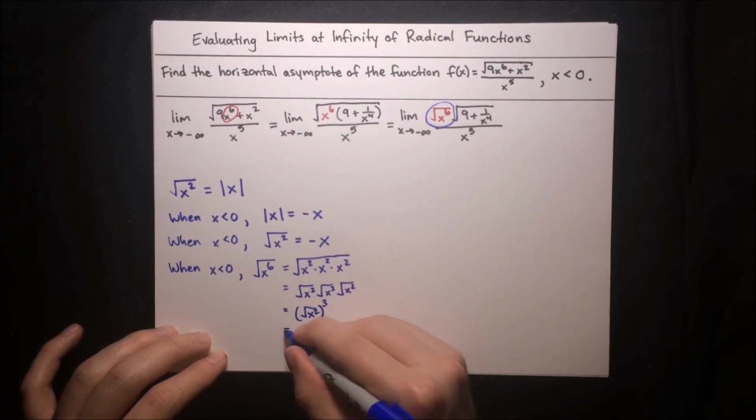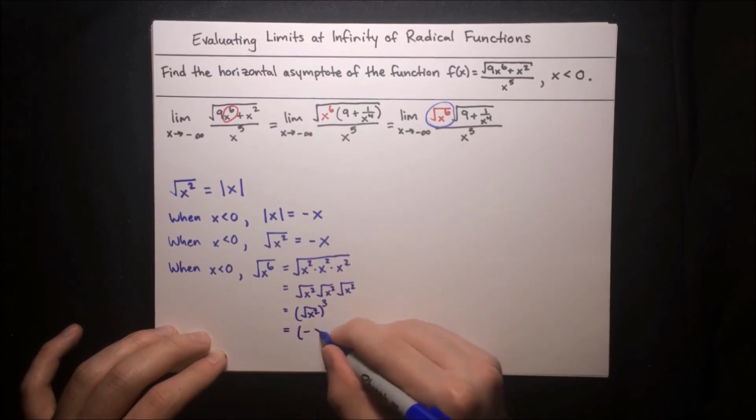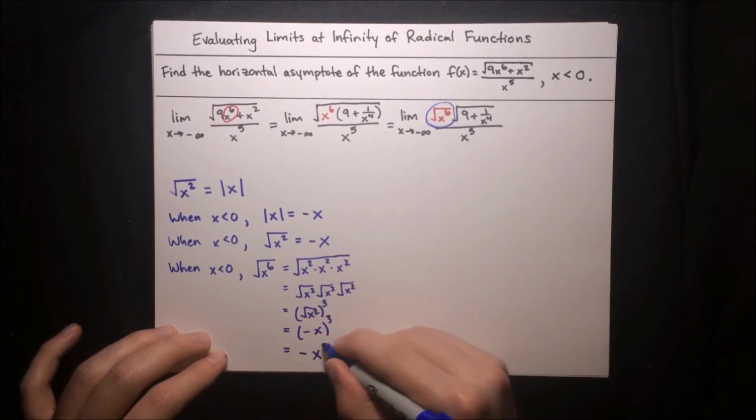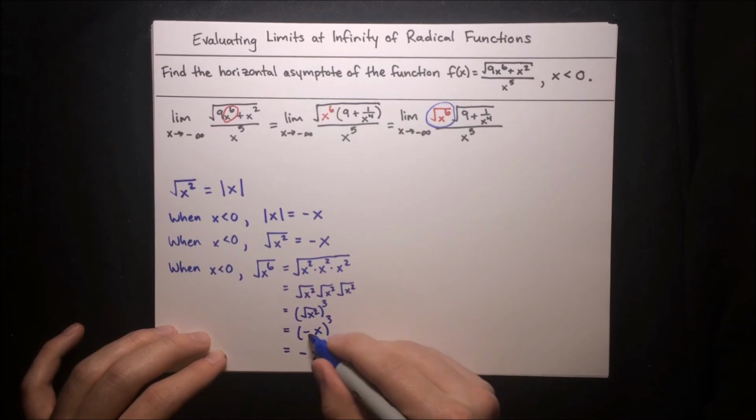The square root of x squared is just equal to negative x, as we saw before up here, and that to the 3rd power is equal to negative x cubed. The negative stays because negative 1 raised to the 3rd power is still negative 1.